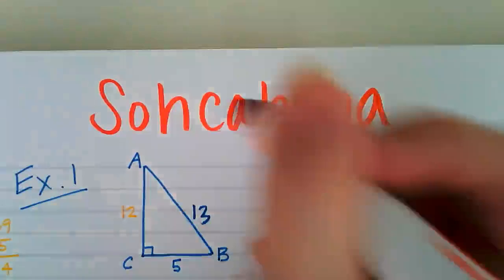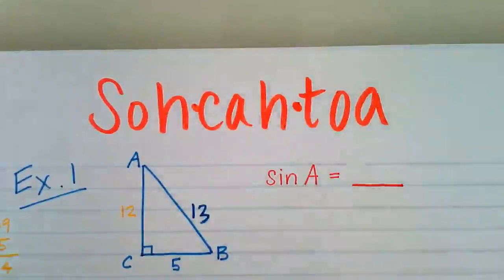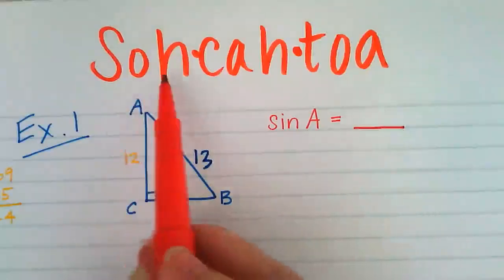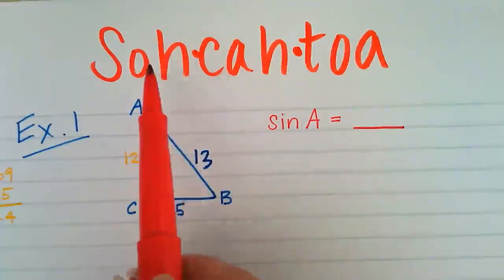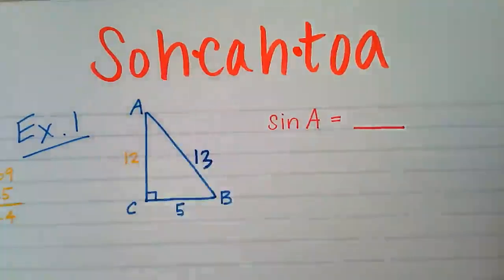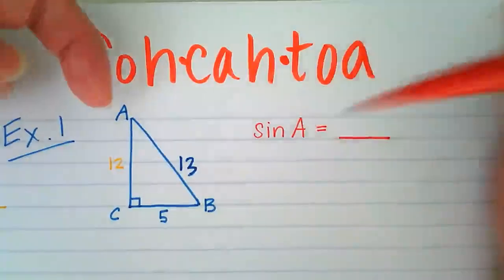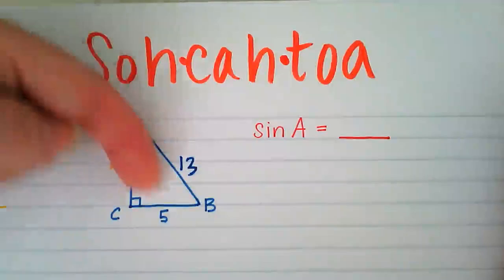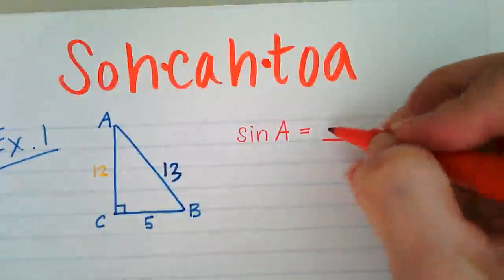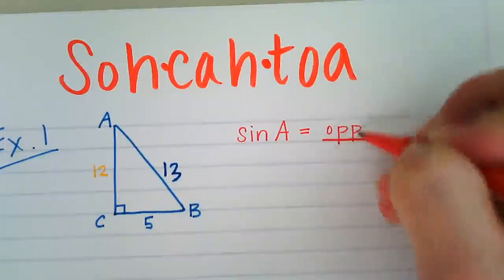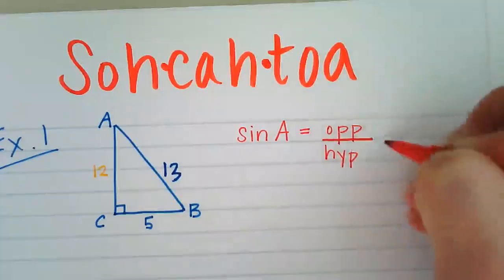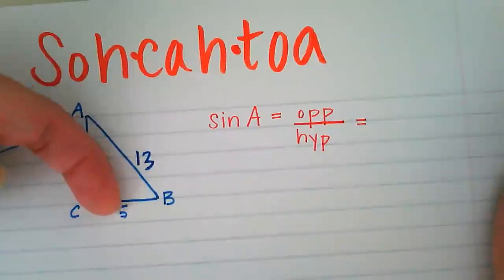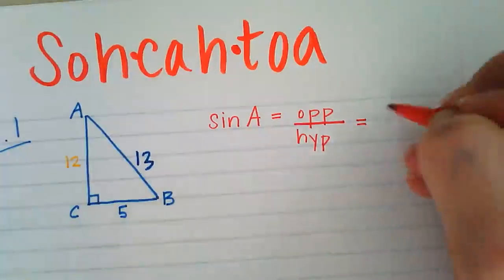Here I'll separate them, little dots there. If I want the sine, then I need to make the ratio of the opposite side and the hypotenuse. But it's from this angle. So from angle A, the opposite side is 5. So the sine is opposite over hypotenuse, so the sine of A is going to be 5 over 13.